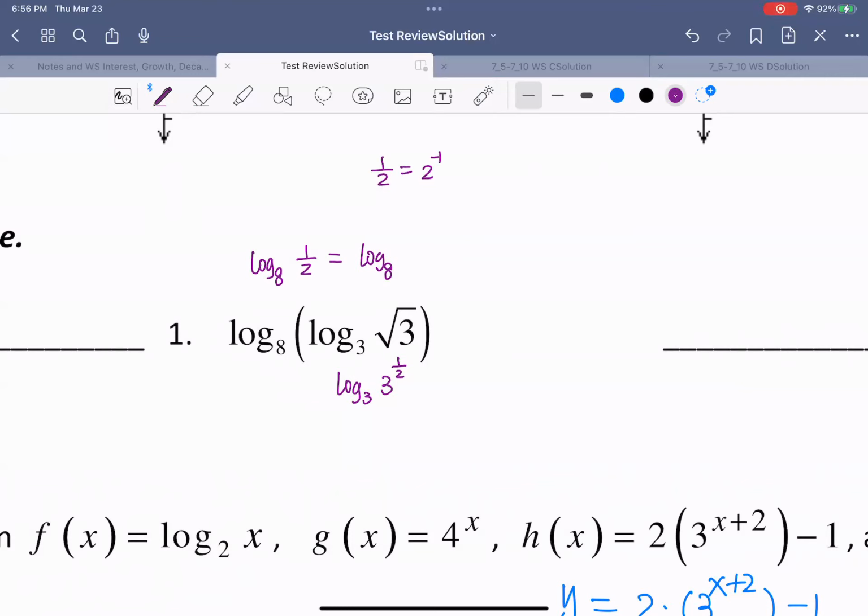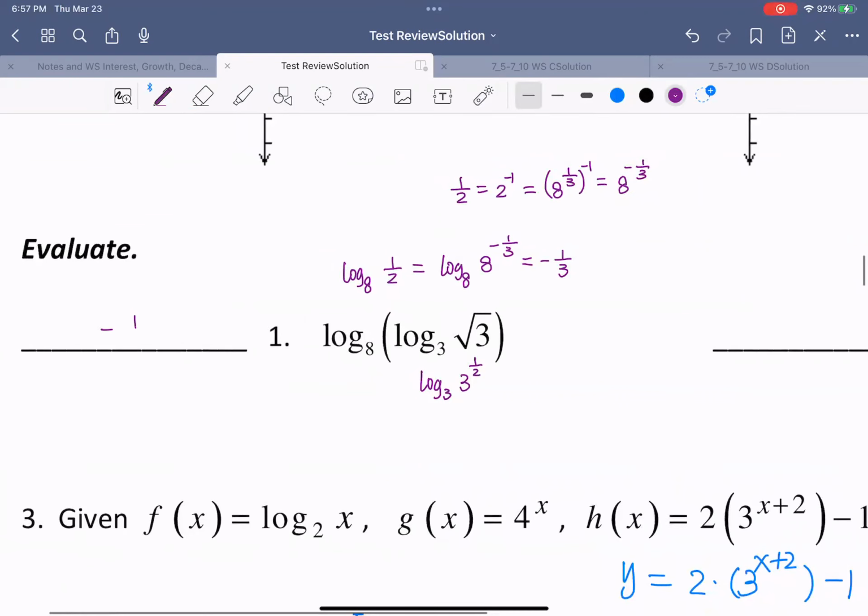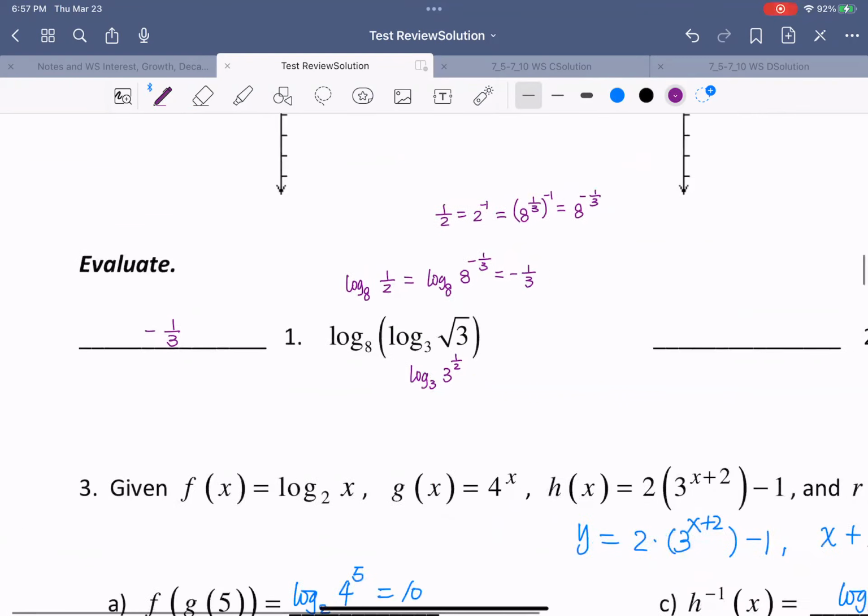And 2 is 8 to the power of 1/3, correct? Yes. So this is 8 to the power of -1/3. So you change 1/2 to be 8 to the power of -1/3. When you have these two numbers, you pull this in front. Log base 8 of 8 is 1. So this is exactly -1/3. Make sense? Yes. That's what's going on.